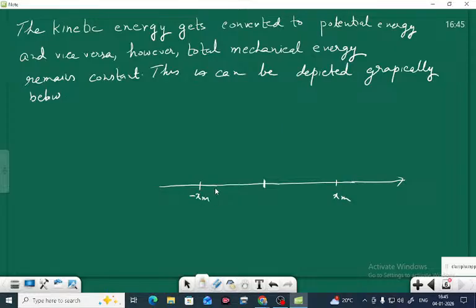Energy is on the y axis. From minus xm to xm, the kinetic energy is zero at the maximum displacement and maximum at the equilibrium position x equal to 0.